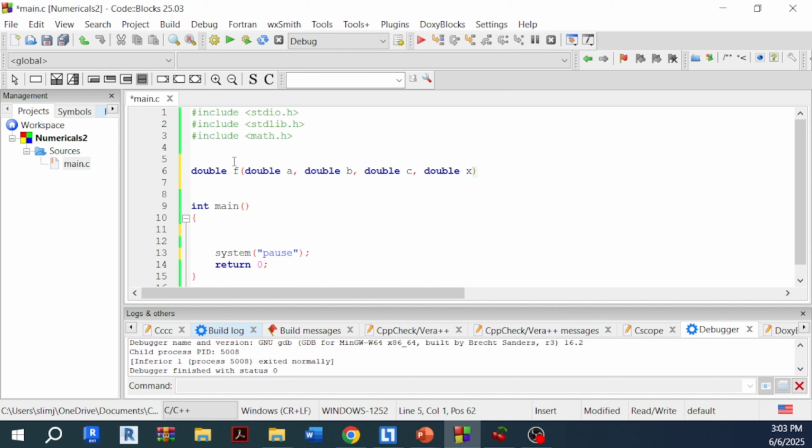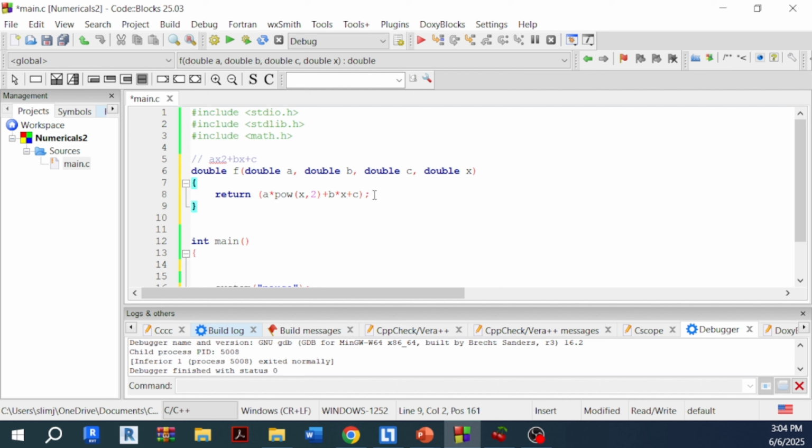What these numbers mean is the form of the equation, which is ax squared plus bx plus c, where of course x is the variable and a, b, c are the constants of the polynomial equation. Return for each x the value of f(x), which is equal to ax squared plus bx plus c, or return a times pow(x, 2) plus b times x plus c. Power, of course, raising x to the power of 2.